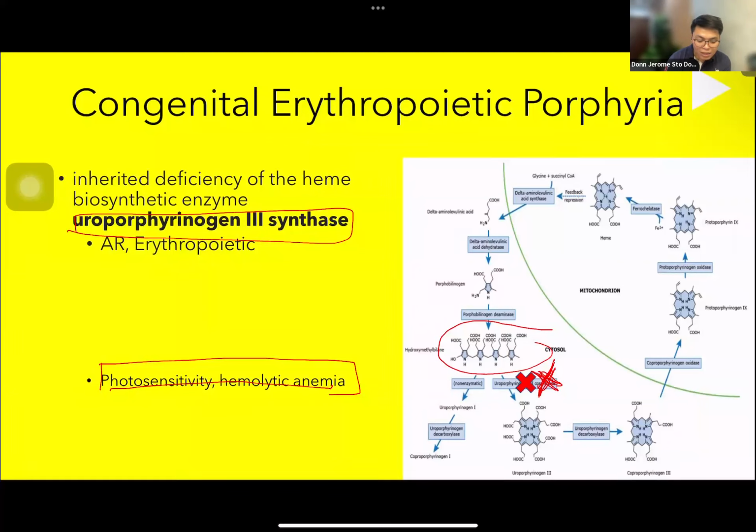So definitely, the intermediate right before this enzyme cannot pass through. We mentioned a while ago that photosensitivity is only observed if you have high levels of the cyclic structures, porphyrinogens and porphyrins. Is hydroxymethylbilane a cyclic structure? Linear. It's a linear structure.